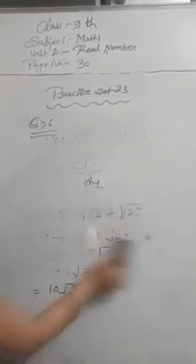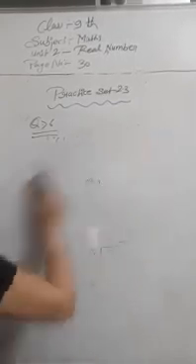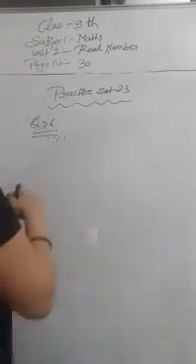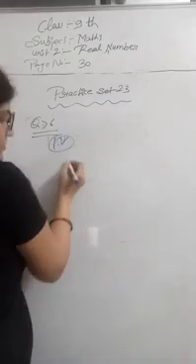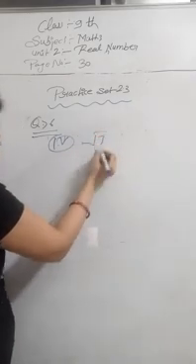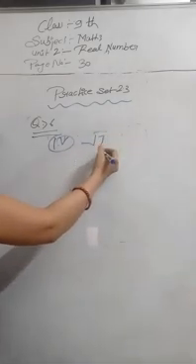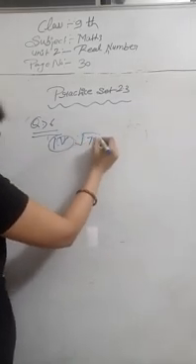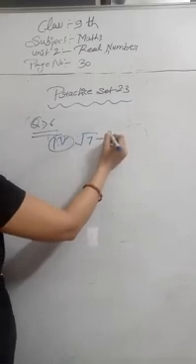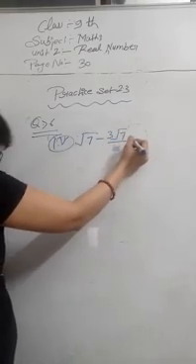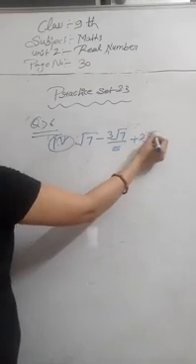Fourth one is root 7 minus 3 root 7 by 5 plus 2 root 7.